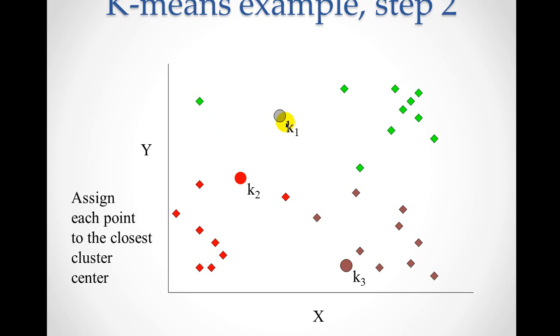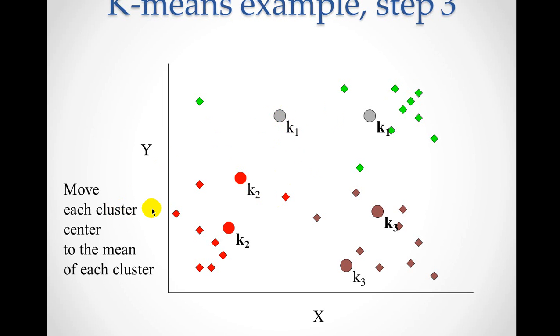And if it's closest to here, then we're going to say that this point belongs to this cluster. And we do the same thing with all of these. How far is this point from here, here, and here? If it's closest to here, then it's going to be part of this cluster. So we assign each data point to one of the clusters defined by the so-called cluster center, although it's not really the center at this point.